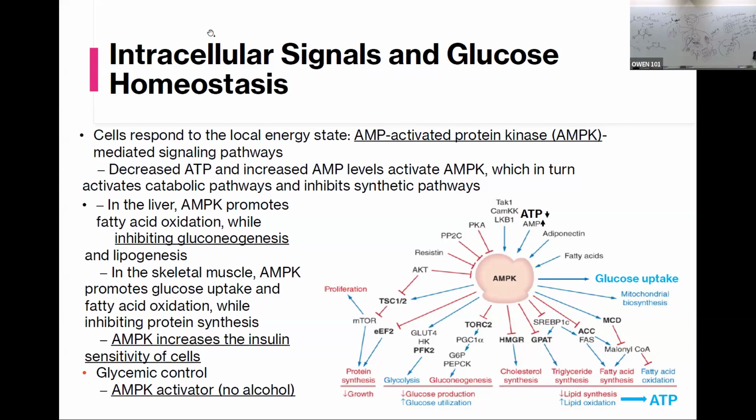And then the cell is triggered to take more sugar from the blood. And then what happens? So when AMP is up, the outcome is fatty acid oxidation, right? Oh, sorry, that's wrong.